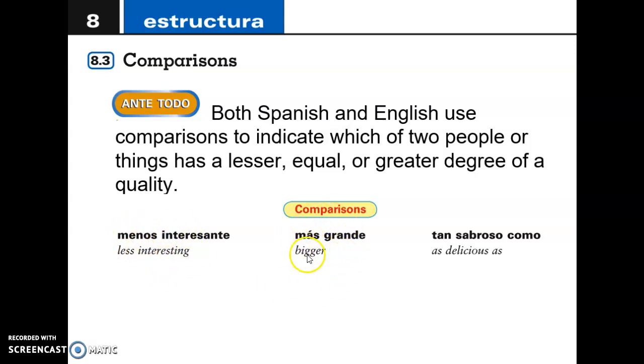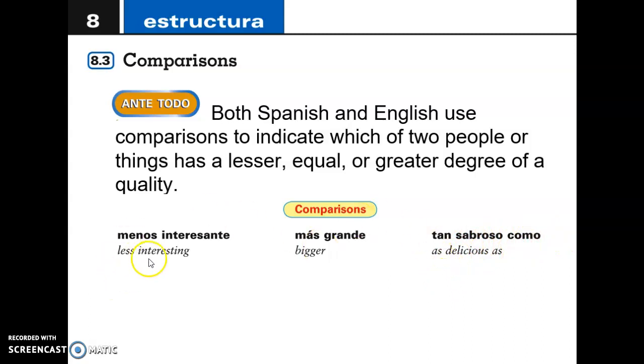Más grande, this is greater degree of quality. And finally, tan como, tan sabroso como, as delicious as this other cake, for example, right? So in this case, we do have a comparison of equality.